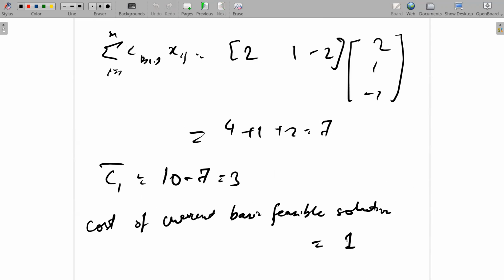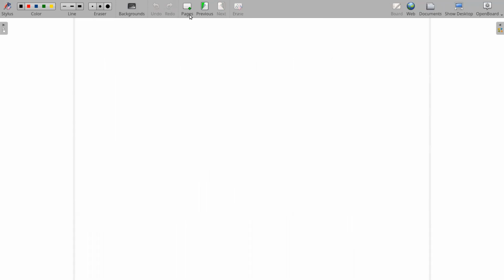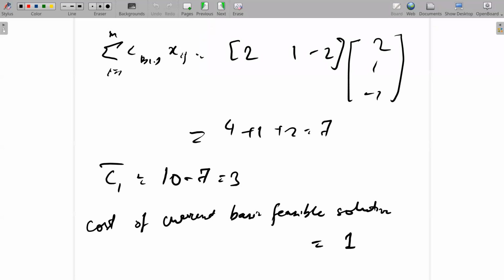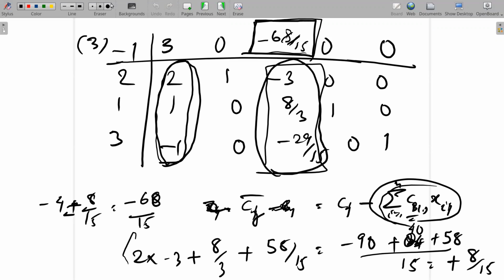So with this, yeah, the cost of the current BFS is minus 1 actually. So then this should be actually 1. Yeah, it is in fact equal to 1. It's the negative of that.